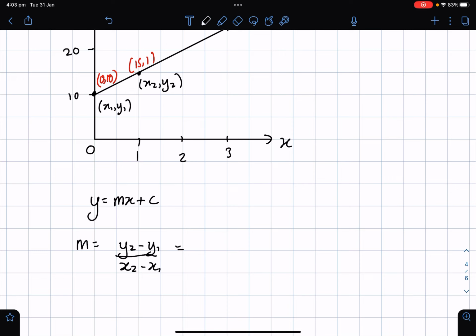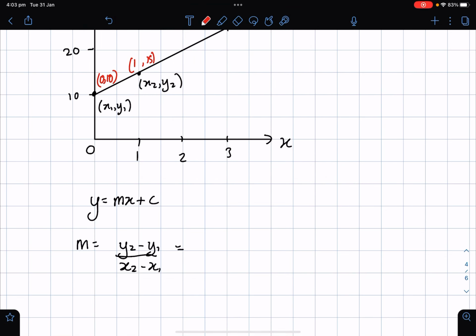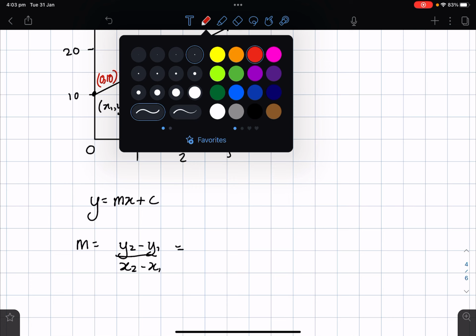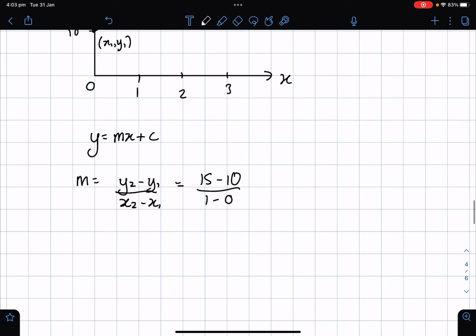Now we said our y2 was 15, our y1 is 10, x2 is 1, and x1 is 0. 15 take away 10 is 5, 1 take away 0 is 1, so we're left with 5. So let's substitute that into our equation. So y equals 5x plus c.